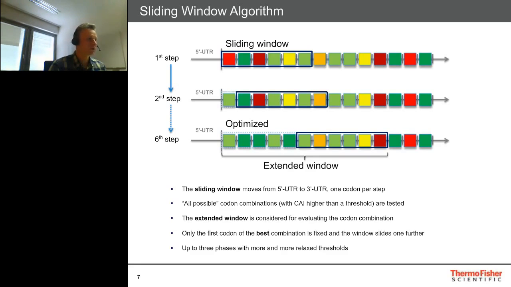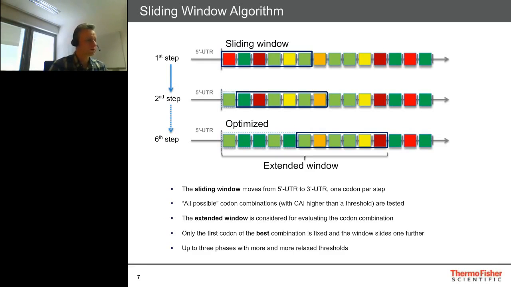And we also take the extended window into account to optimize this first codon. And once this is done, this is fixed, and the window slides to the next codon. And this is done throughout the complete gene. And at the end, you have an optimized gene ready.